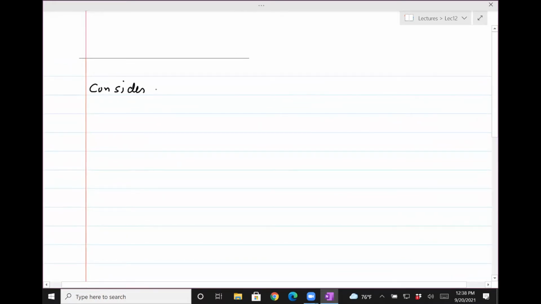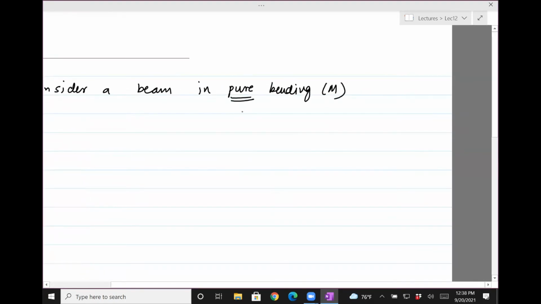As I said, consider a beam in pure bending, which is another way of saying that the shear stress is 0.